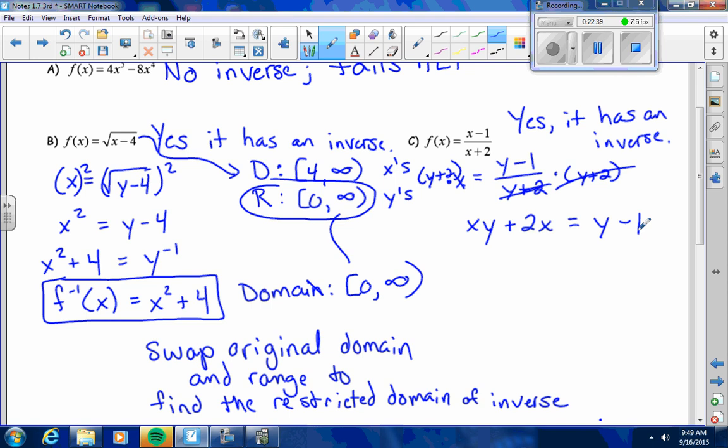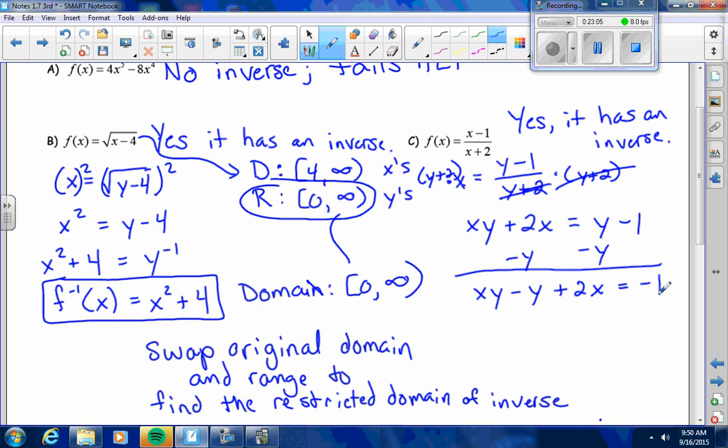So what should I move? I need to move this y, so I need to subtract it from both sides. So I have xy minus y plus 2x equals negative 1.